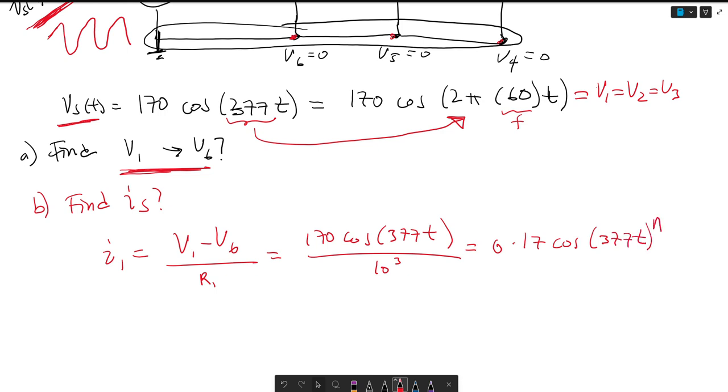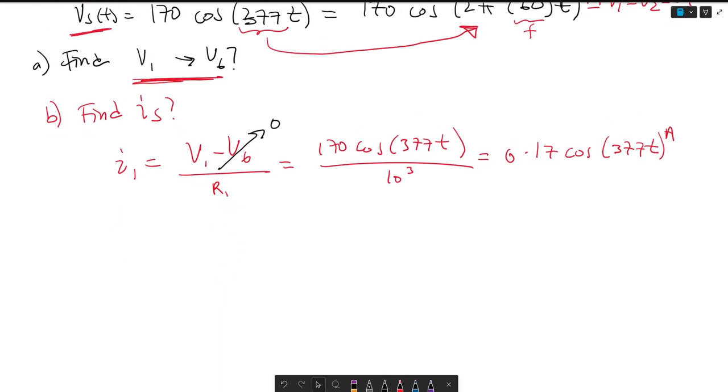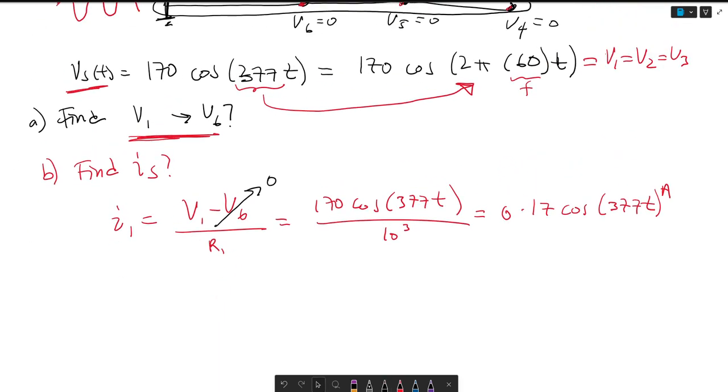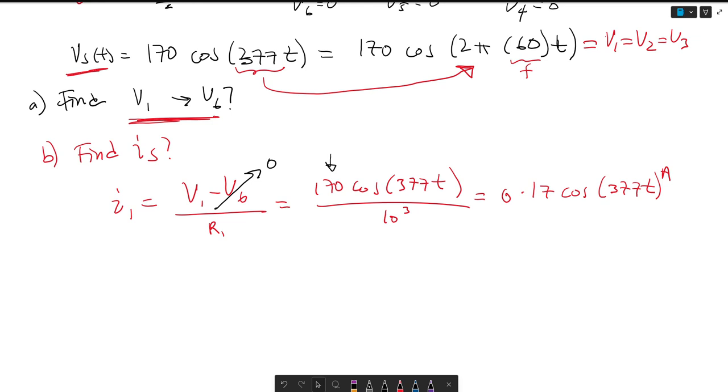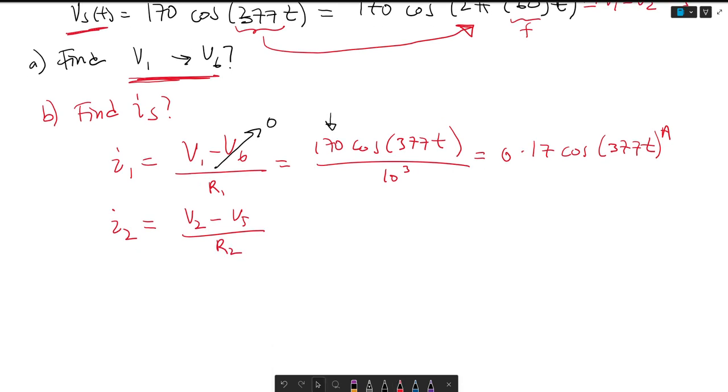And again, we should notice that V6 is just equal to 0. So as a result, we only take V1, and V1 is our trusted 170 cosine 377t. To keep going, I2 will be V2 minus V5 over R2, and I3 is equal to V3 minus V5 over R3.